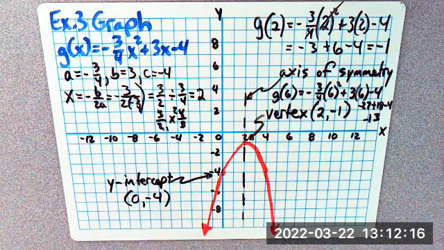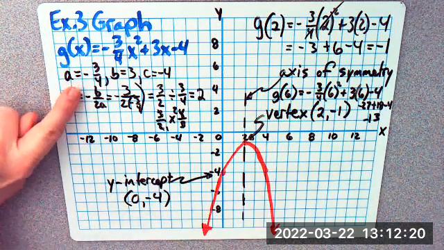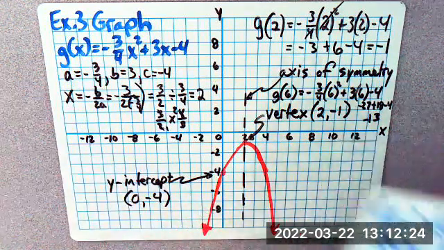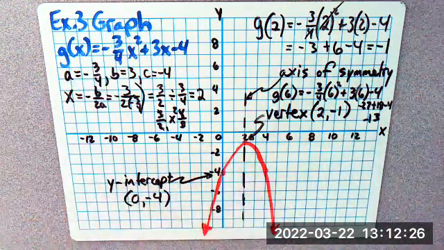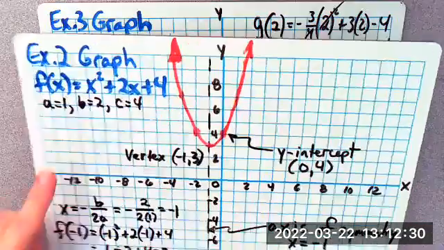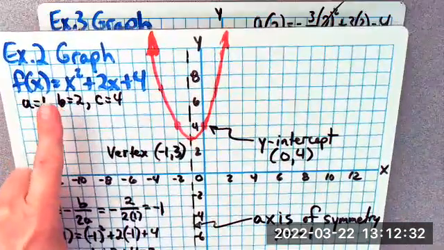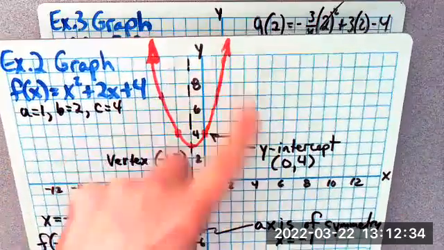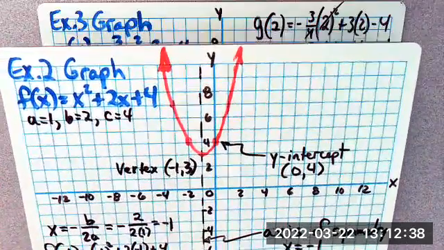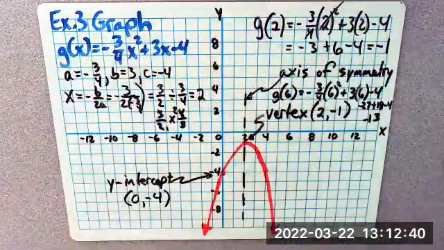So if we compare our two graphs, we had a negative 3/4 here, which made it open a little wider. It also opens downward, and we had our y-intercept at negative 4. In the other one we had a positive a, so it opened upward, and it was more like the parent function, but just shifted a bit.